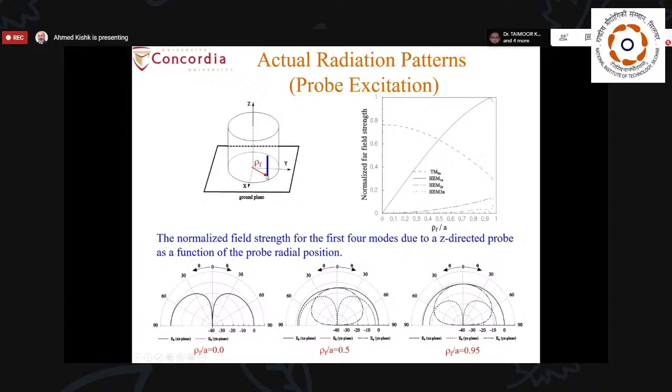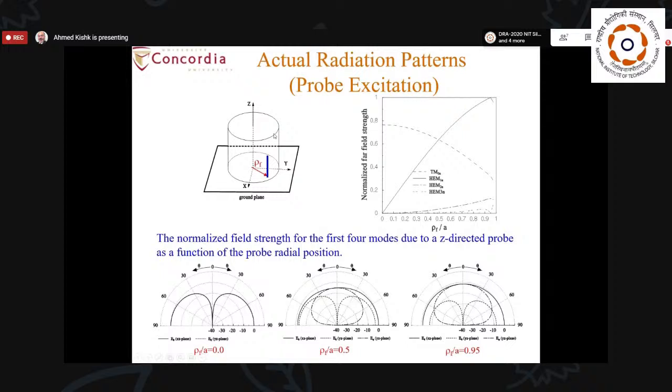For example, here, if I have an electric current probe along the z-axis located off the center by a distance rho f, and I try to find what the modes are, because once you have an excitation, although the dielectric resonator is resonating, and you are choosing the frequency, size and material that you need to operate at for a certain mode, once you put the excitation it can couple to many other modes or cause perturbation that generates many other modes.